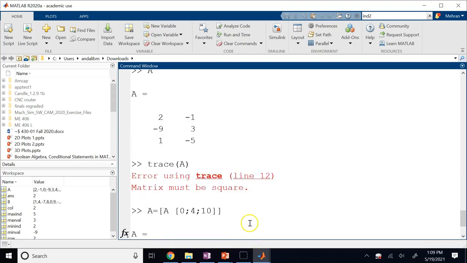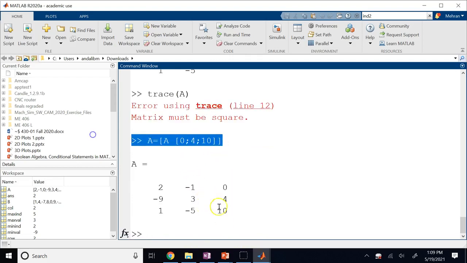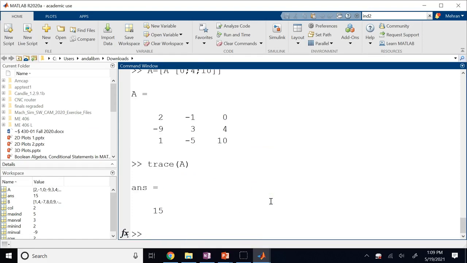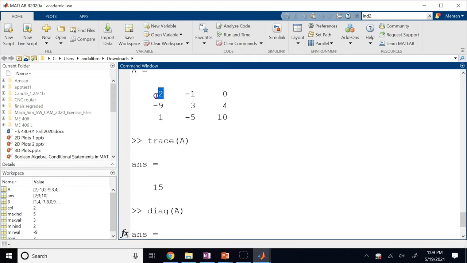You see? Again, concatenation. Now, can I run the command trace on this A? Sure. I simply add the diagonal elements, and that's trace. By the way, there is a command called diag. If you say diag of A, it gives you the diagonal elements only.